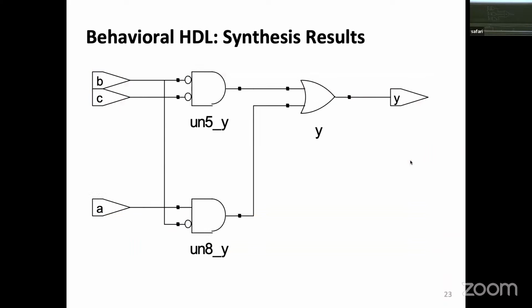But when you synthesize it, give it to a tool, the tool will look up a library. And in that library, there are already pre-designed logic gates. You don't have to worry about it, given a technology. And it looks it up and says, hey, I found this AND gate with 2 inverted inputs. I found this AND gate with 1 inverted input. And I found this OR gate.